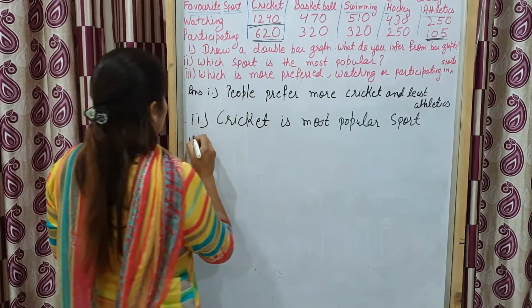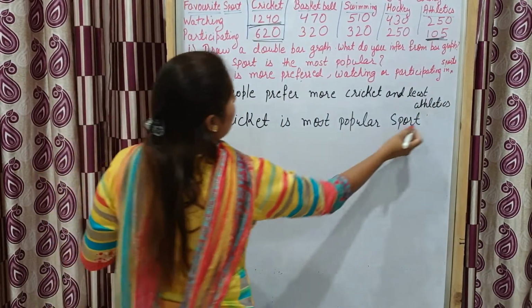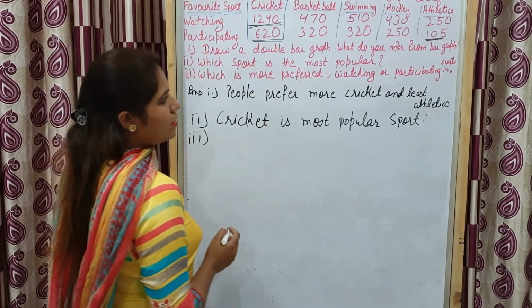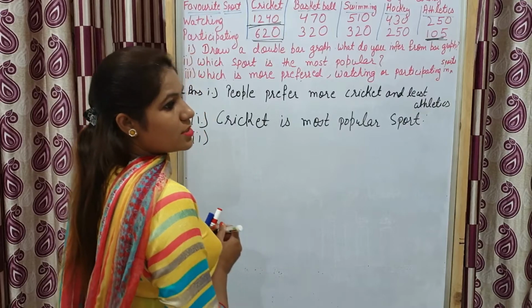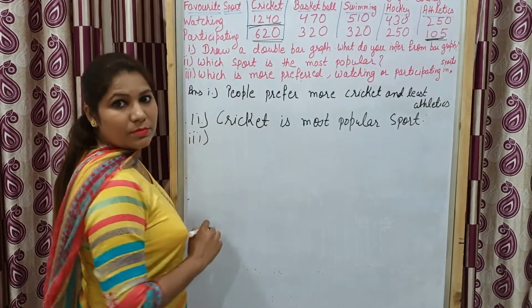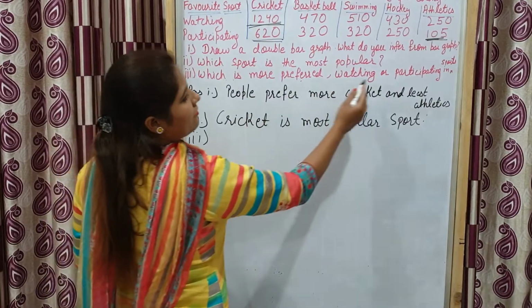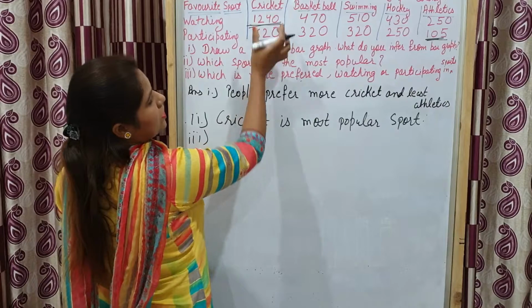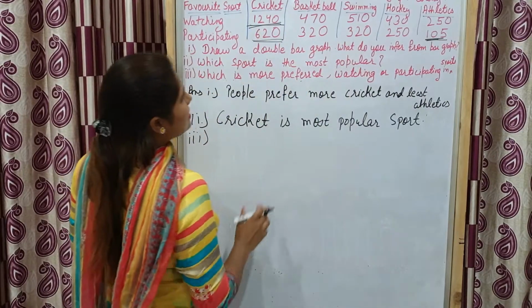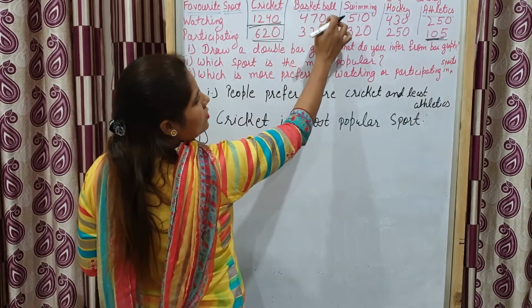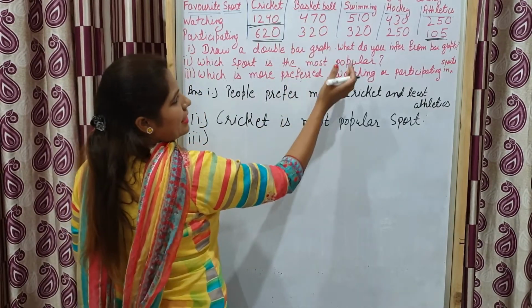Next, third part, see student, which is more preferred, watching or participating in sports? So which is preferred? Watching, because in each case you can see the number of people watching is more. Here watching 470 and participating less.